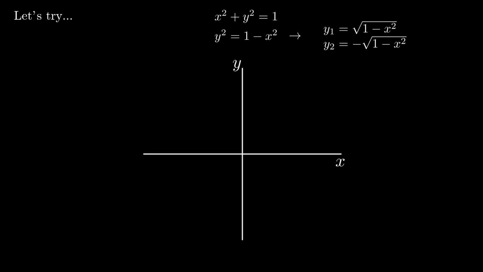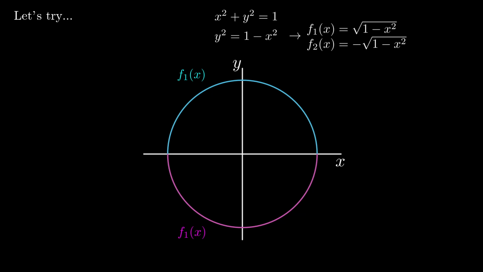But remember, x can take many different values, okay? So these two solutions to our equation are actually two different functions, so I can call them f1 of x and f2 of x. And if I draw them in our xy plane, because we know how to draw single variable functions, it's easy, I get this and this other one.